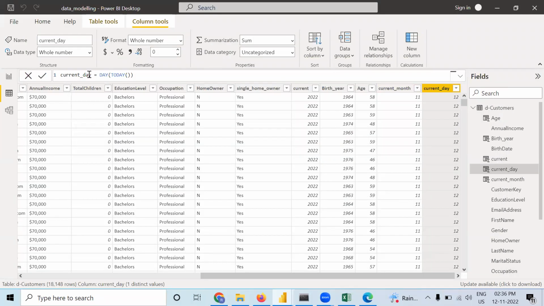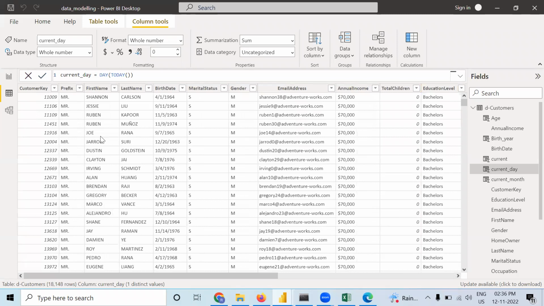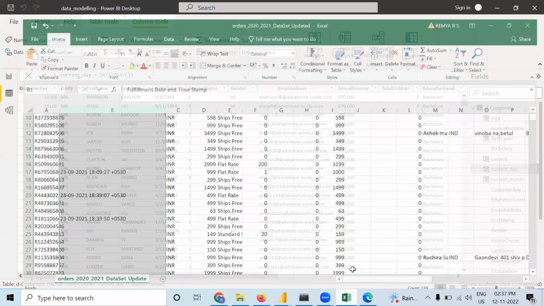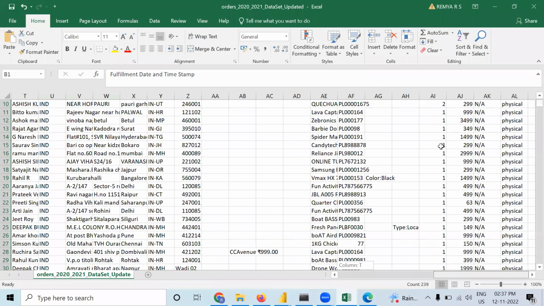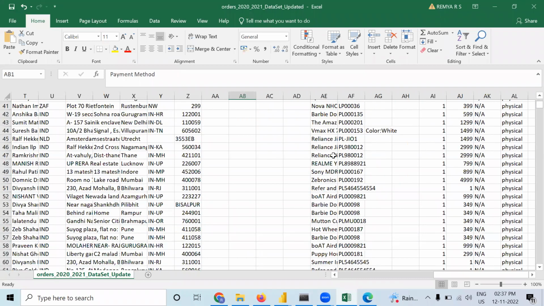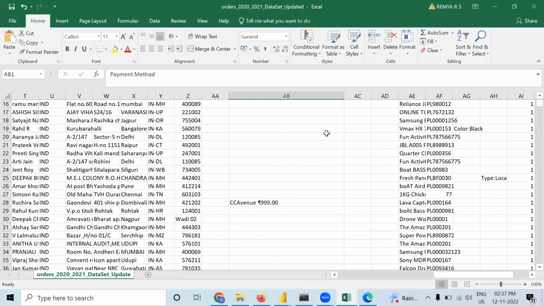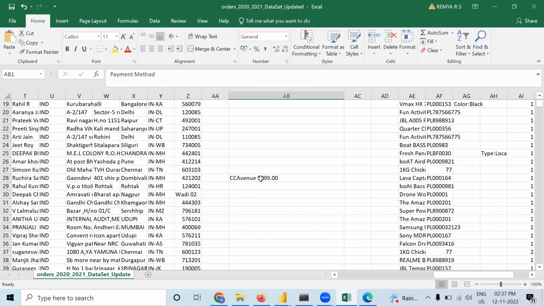So that was regarding day, date, and all. If you want to combine particular columns, you can do that, and you can split them also. See, in our task 2 data set, there was a payment method column, right? In the payment method, different entities are there, like CC Avenue with a price.